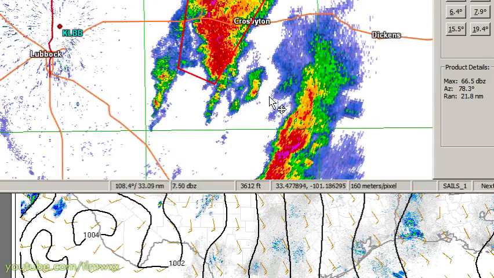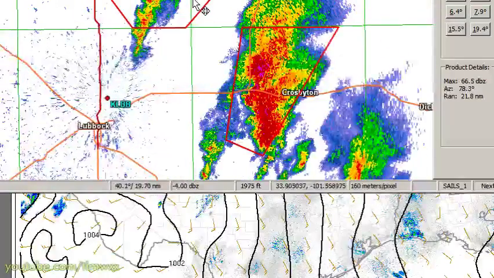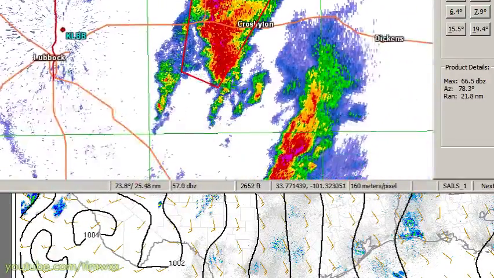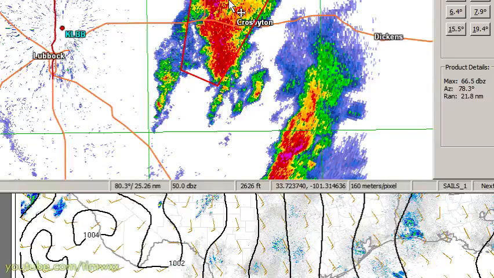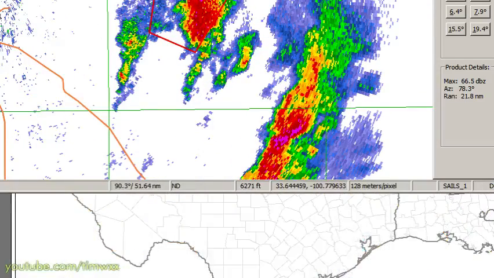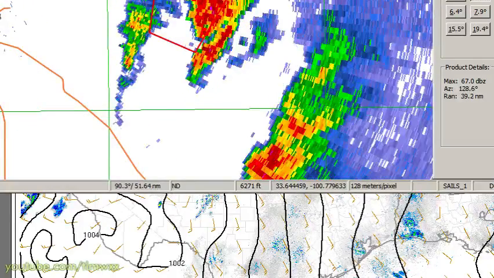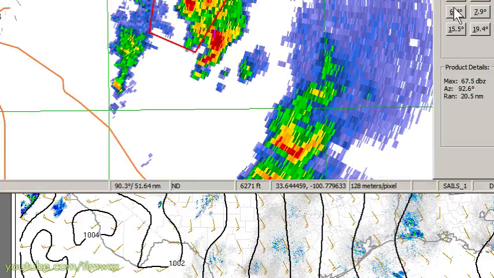Quick look at some of the strongest thunderstorms. It's got kind of a messy, slightly disorganized look, and it definitely looks multicellular, like a multi-cell line. And if we go up to higher tilts, we don't have a whole lot of overhang developing just yet.